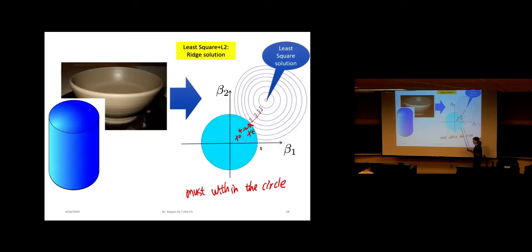I hope next time I can find a better 3D visualization, maybe computer animation can help. But anyway, I hope it delivered the point. You're not going to do this; you stop here, at the ridge regression solution.